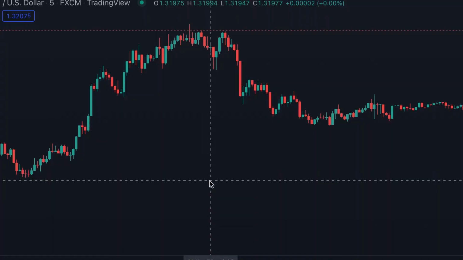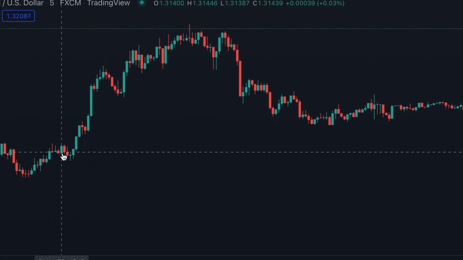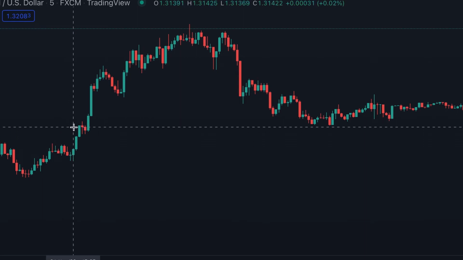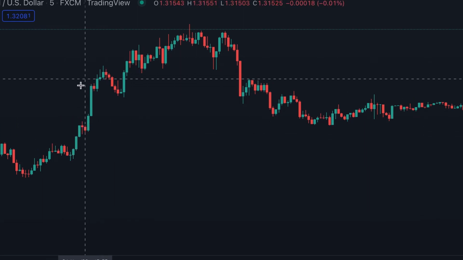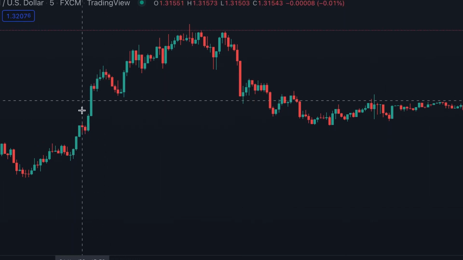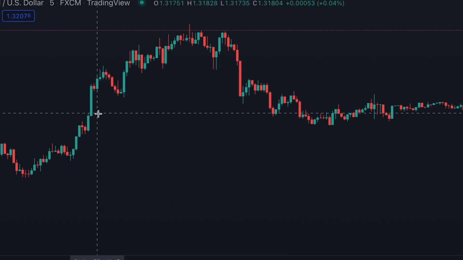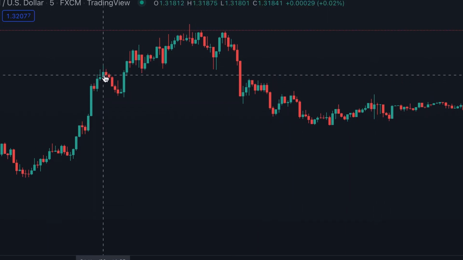One of the most important things to note here is that we read a chart from left to right. We're going to see how price changes into different phases of the market. We start here where price moves up, a bit down, then moves up considerably. You can also notice the size of the candles has changed. Now the bulls have control of this market, and this becomes the impulsive phase.